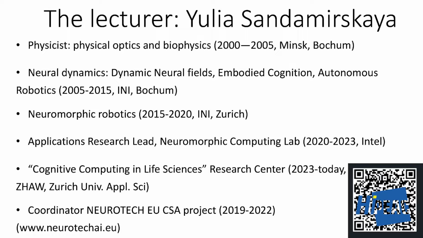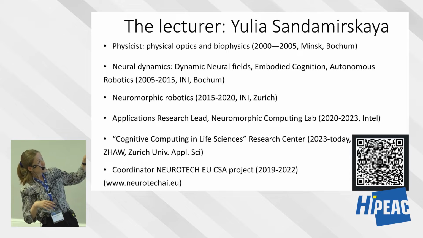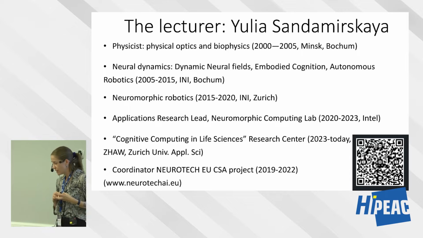And then I moved to Zurich, to the Institute of Neuroinformatics, and was leading a group called Neuromorphic Robotics. I was building algorithms for neuromorphic hardware, and then demonstrating again that they can control autonomous robotic agents. I started working with neuromorphic hardware in 2007, so way before 2015.